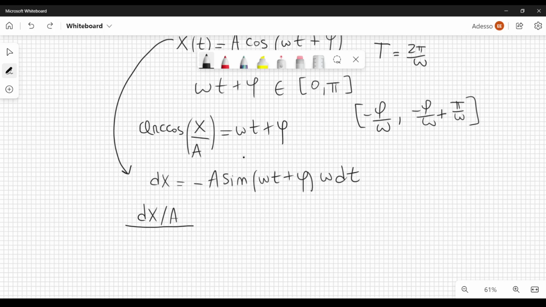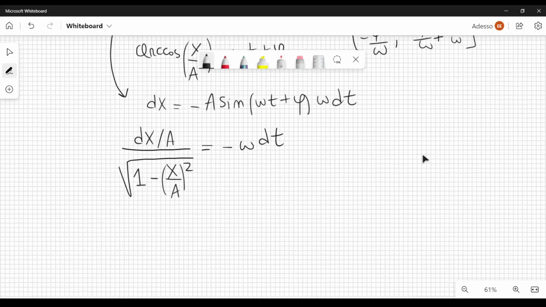This can also be written as the square root of 1 minus cosine squared, because omega t plus phi is contained in the interval 0 to pi, which means the sine will be non-negative if its argument is in the interval 0 to pi. So we can write the square root of 1 minus cosine squared, where the cosine squared is x over A squared, and this is equal to minus omega dt.